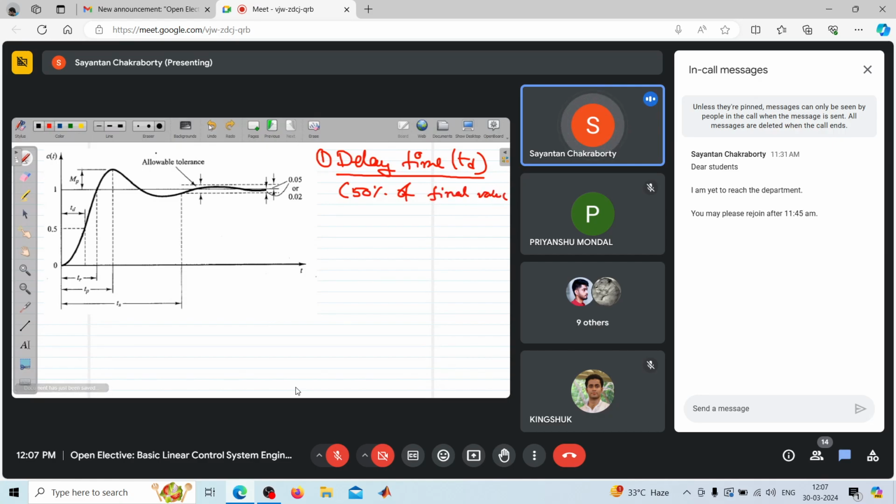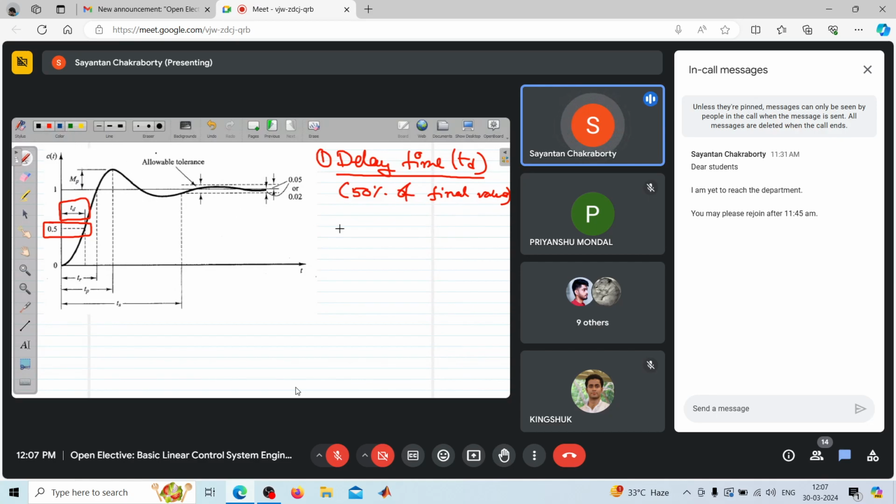What is the final value? Final value for this system we've already calculated to be 1. So 50% of the final value will be 0.5. So the time it takes to reach 0.5 is your delay time.